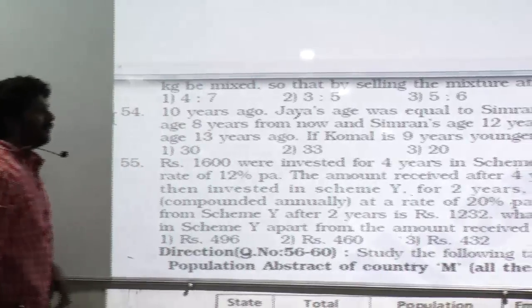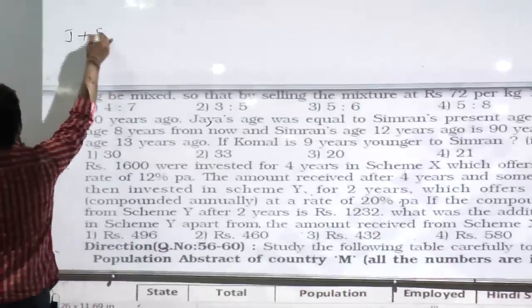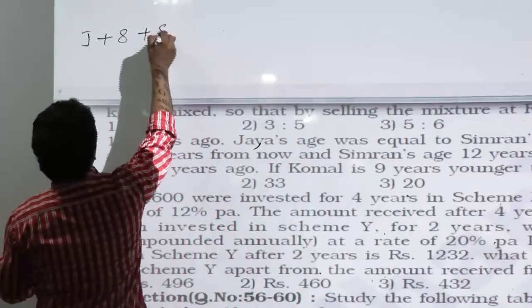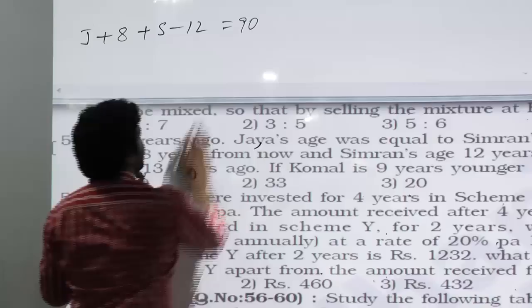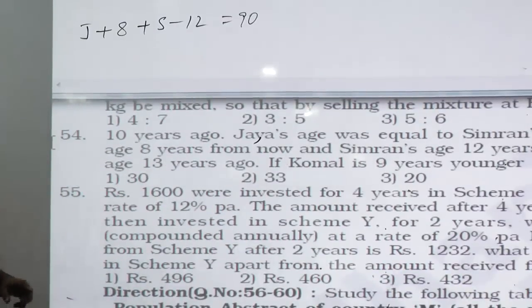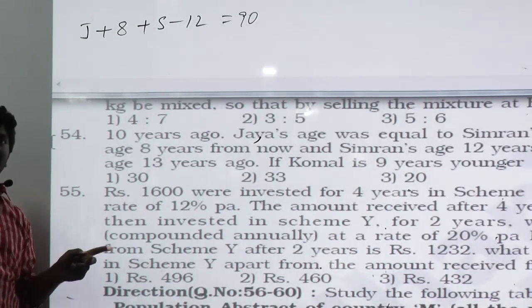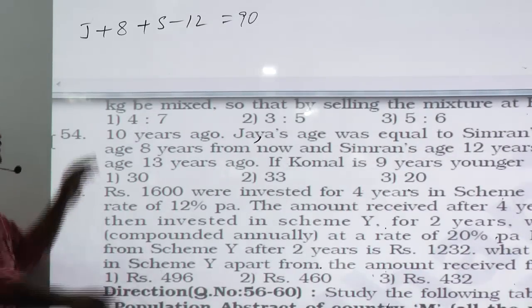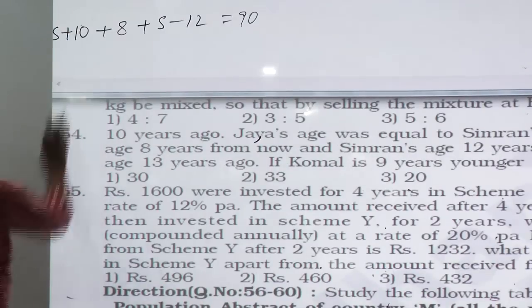Next, the sum of Jaya's age 8 years from now, J plus 8, and Simran's age 12 years ago is equal to 90. Who is elder out of Jaya and Simran? Jaya. How many years elder? 10 years. So in place of Jaya, can I write Simran plus 10?